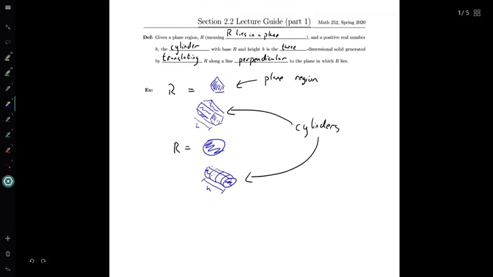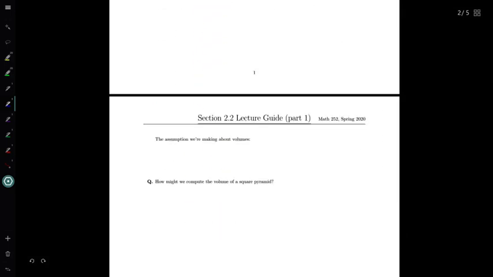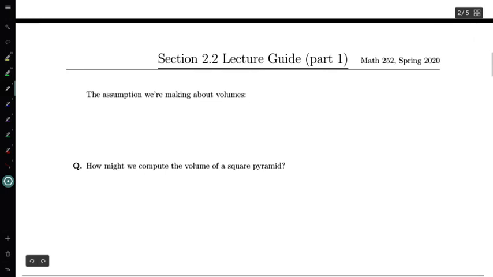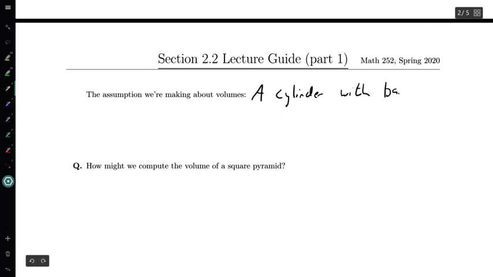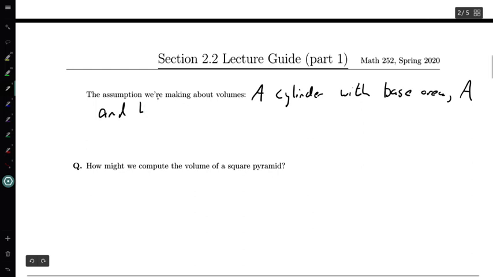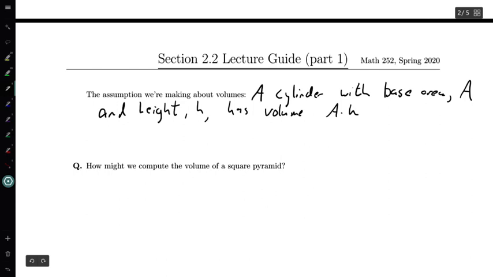So what's this assumption that we're going to be making? Well, we're going to be making the assumption that a cylinder with base area A and height h has volume A times h.